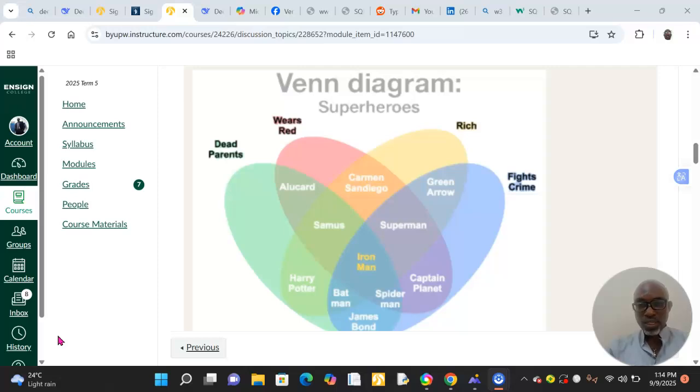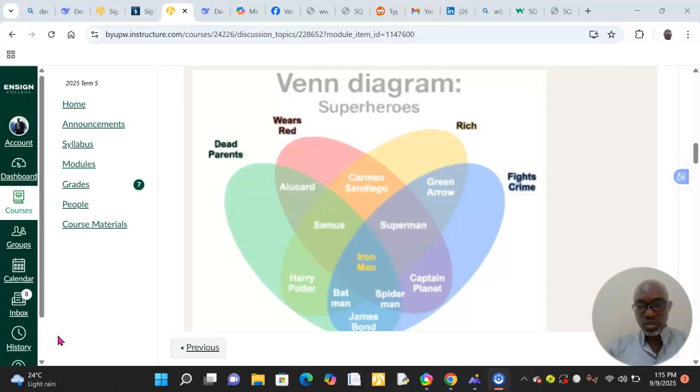It has four datasets: dead parent, wears red, rich, and fight crime. Here's how the overlapping regions work. For example, Spider-Man is in the intersection of dead parents, wears red, and fight crime. This means he has all three traits.